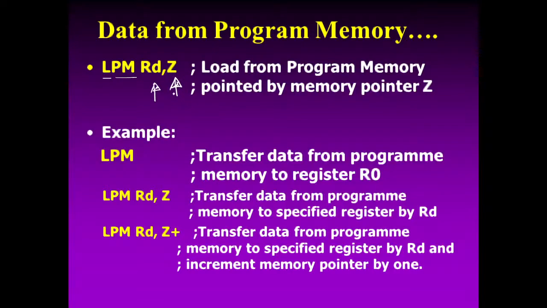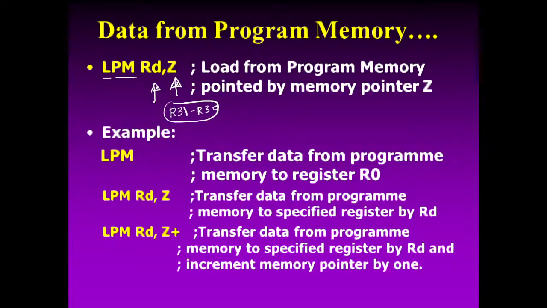When you combine R30 and R31, it becomes the Z register. So you should not use R31 and R30 here, because otherwise your Z will be overwritten.